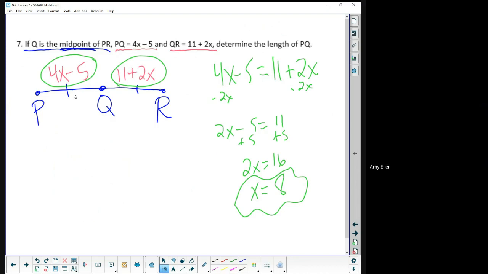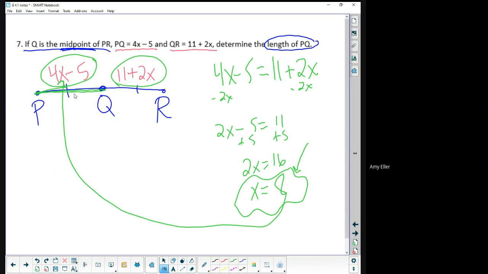You'll notice I bubbled in this. This is not my answer. If you stopped here, you'd get a lot of points, just not all of them, because it doesn't say what is x, it says what's the length of PQ. So we'll just have to plug it in. 4 times 8 is 32.